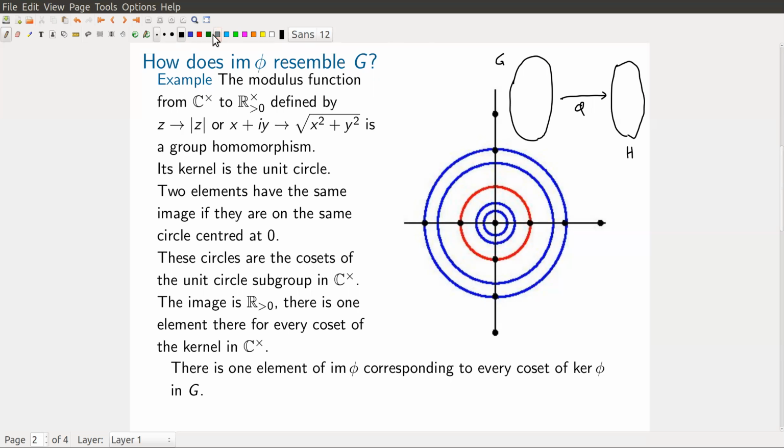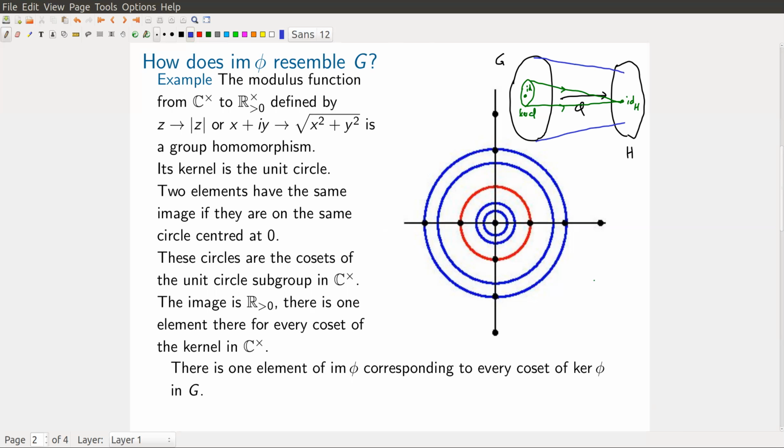Inside G, we have the kernel of our homomorphism, which I'll write in green. It includes the identity element of G. And everything in the kernel gets mapped to the identity element in H. So this whole green part gets shrunk down to just the identity element in H. Then the other elements of G that aren't in the kernel of phi don't get mapped by phi to the identity in H. They get mapped somewhere.